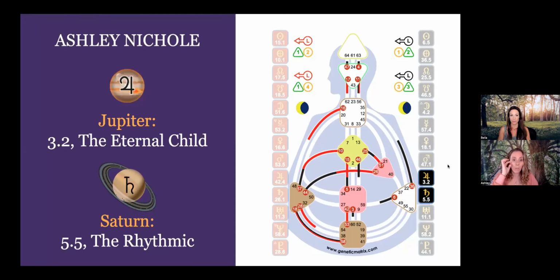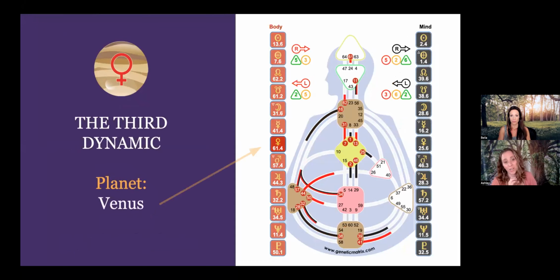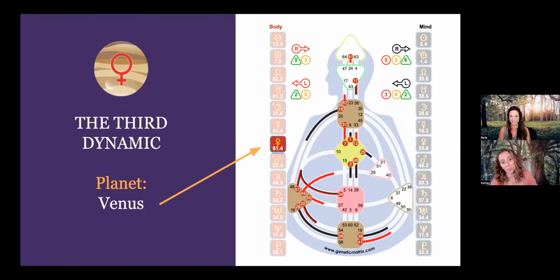Okay. Now, before we get into charts, we've got a third dynamic we won't go into, but planet Venus is also a player in this whole Saturn-Jupiter dynamic, but we don't really have time to go into that. We will go into that later, and more than anything not unconscious Venus, but conscious Venus, that has to do with our values.